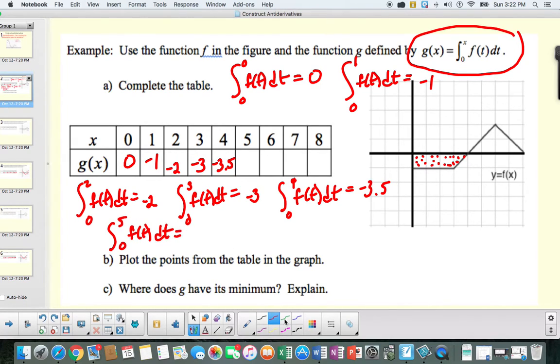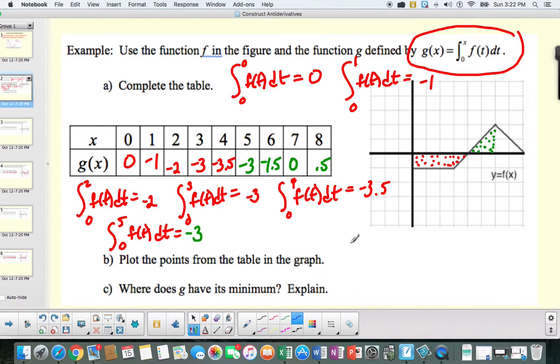Now's the point at which I am going to be adding area between the curve and the x-axis that's above the x-axis. Well, remember this is dead area, so this area right here will cancel with this area, which means I will now have -3. And then I'll continue to add more positive area to that result, and I'll have -1.5, 0, and then 0.5.